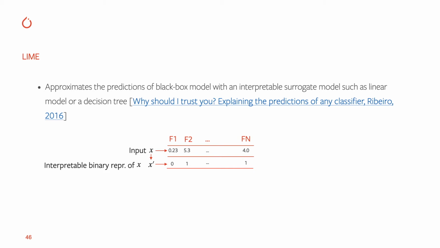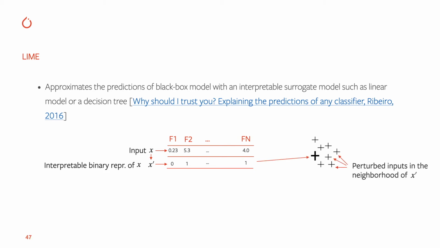We will denote this representation as x prime. For images, this can indicate the presence or absence of some patches on the image. For text, this could indicate the presence or absence of some tokens in the text.